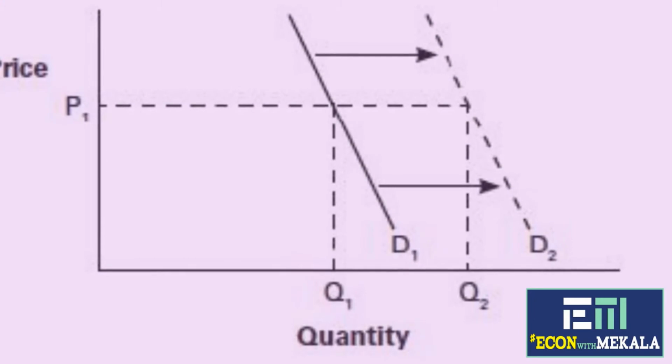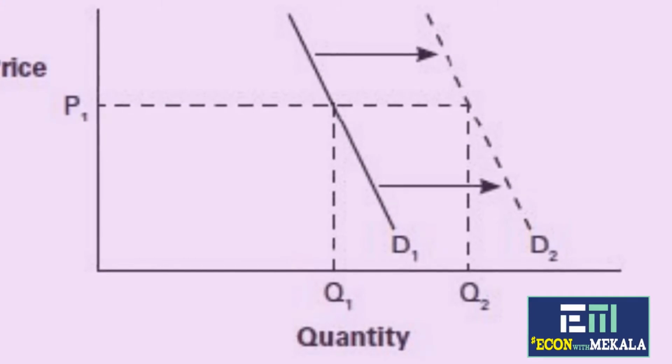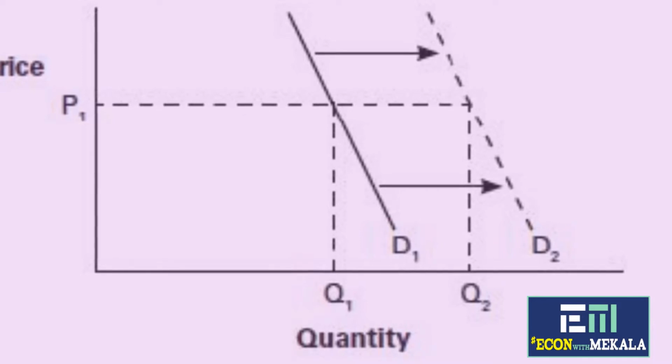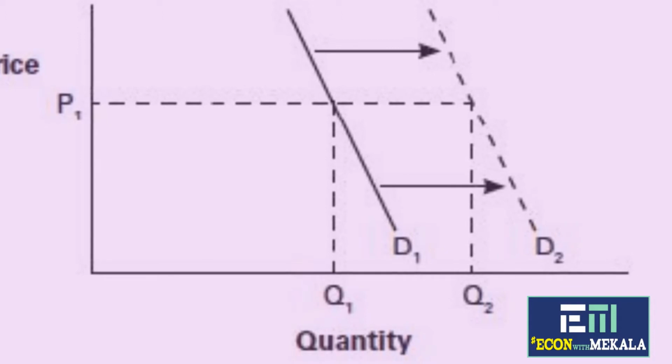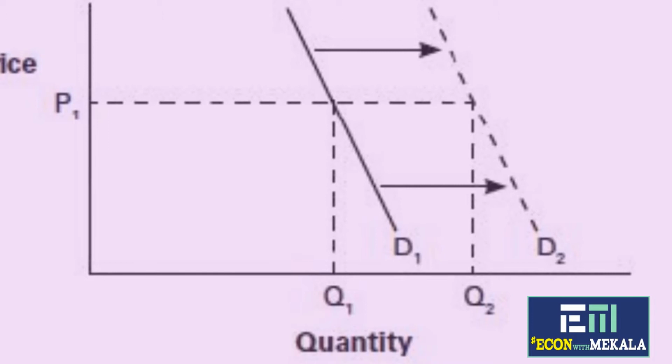If you look at the graph I'm sharing with you, you can see the original demand is at D1, whereas the demand has shifted to D2. So this is a situation where there is a change in demand, where the demand curve is shifting either right or left. Always try to remember, a change in demand will shift your demand curve either right or left.